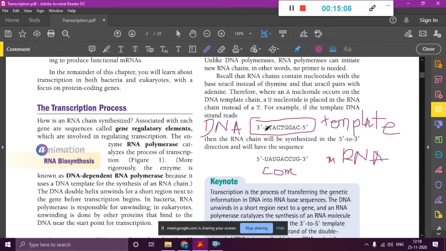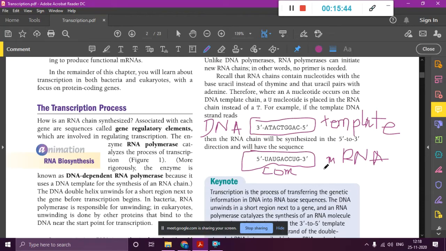Now on this opposite side, on the double stranded DNA, the other strand is known as the non-template strand or coding strand. It is known as the coding strand because this mRNA sequence over here is the same as that of the coding strand, the other strand which is in the 5 prime to 3 prime direction, only instead of T you will find U. The mRNA sequence which comes out is the same as that particular strand of DNA.